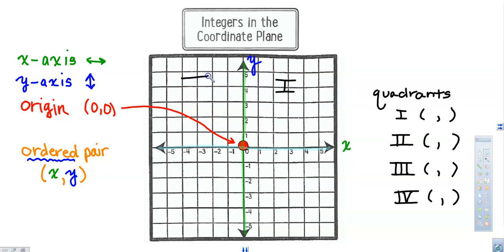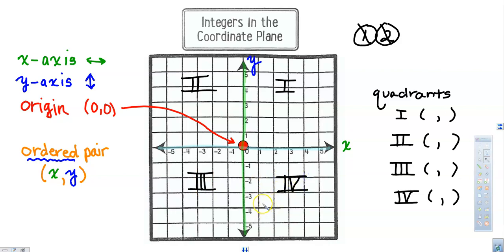This section right here has been named the second quadrant. We use Roman numerals to name them. Notice I'm not writing 1 or 2 in these sections. I'm writing a Roman numeral to represent them. This section is the third quadrant. And finally, this section is the fourth quadrant.